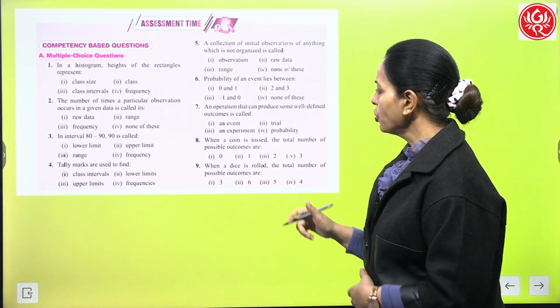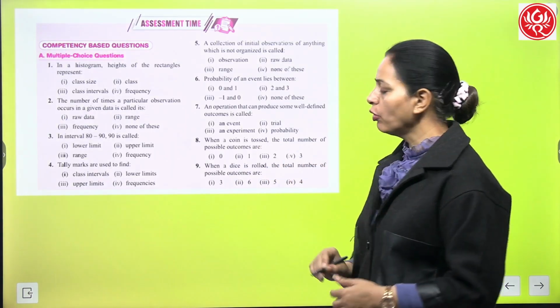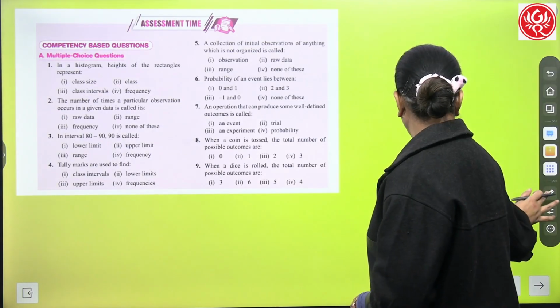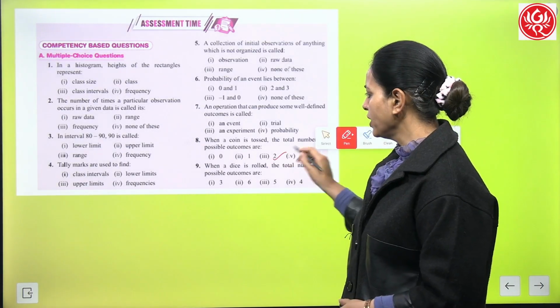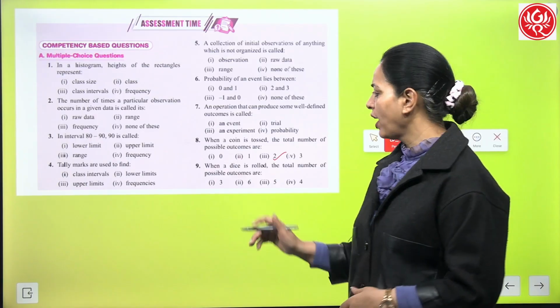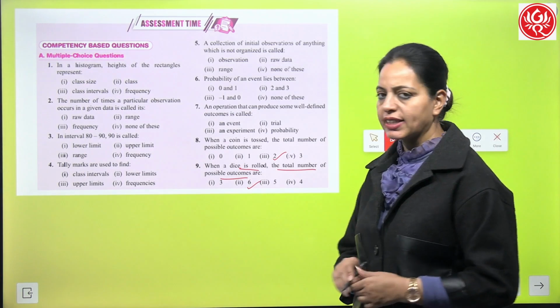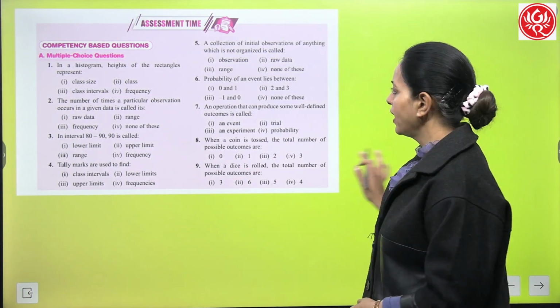Now the eighth question, when a coin is tossed, the total number of possible outcomes is 2, okay, head or tail, right? Now the ninth one, when a dice is rolled, the total number of possible outcomes is 6, okay. Now see the next.